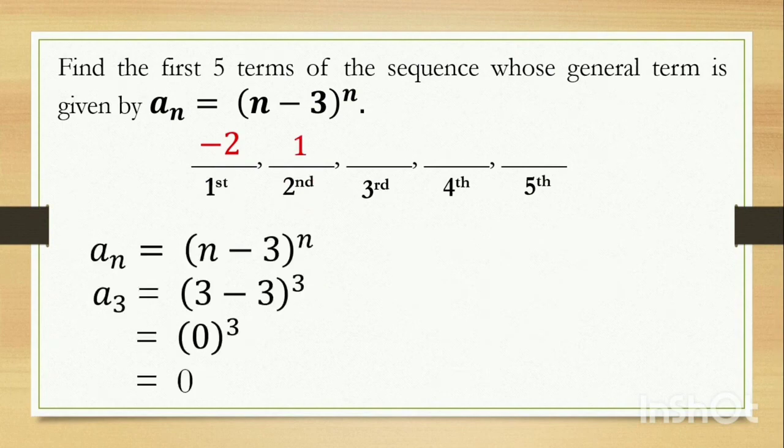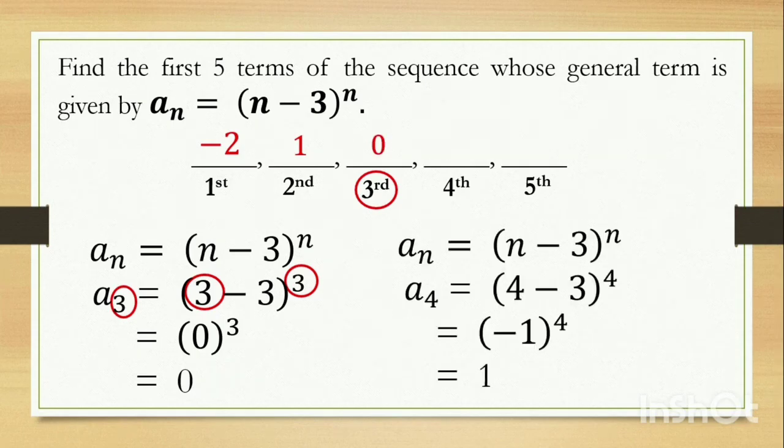Next, for the third term, we will substitute 3 sa mga n. So, 3 minus 3, that is 0. And 0 raised to 3 is 0. For our fourth term, we have 4 minus 3, that is 1. And 1 raised to 4 is positive 1.